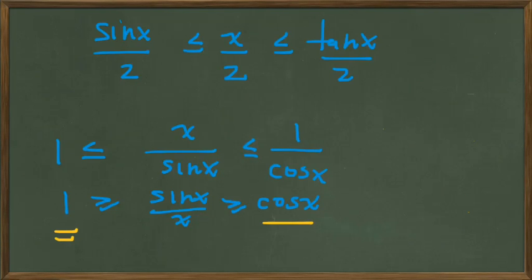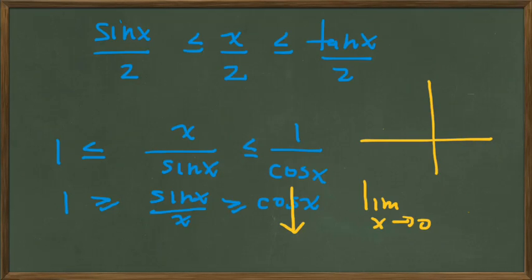So now let's take the limit as x goes to 0 of the outside function right here, and we look at the cosine graph. Cosine graph looks like this about x equals 0, and so as x goes to 0, the cosine goes to 1. As x goes to 0, the function 1 does not change.